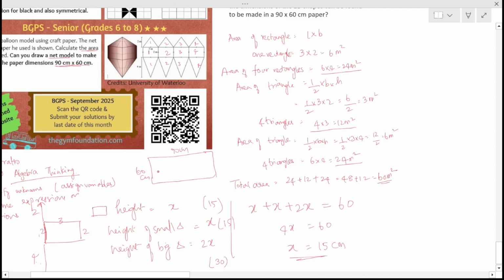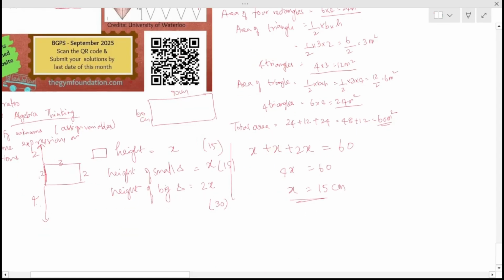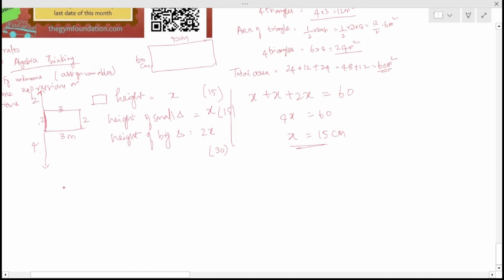Now coming to the length, right? So in this length, what are the things that it is made of? It's simply made of 1, 2, 3, 4. So we know that in the given model, the length is 3 meters. So how do I come up with it with reference to the x that I am talking about? So if the x is 2, how should I find the 3?